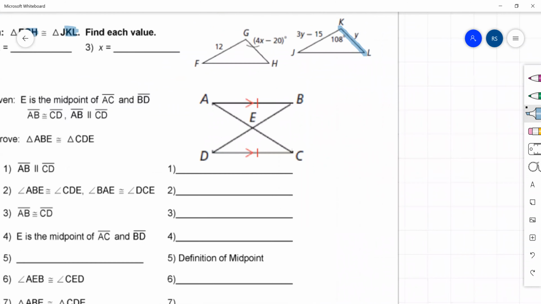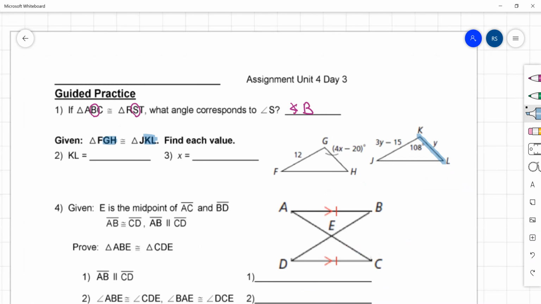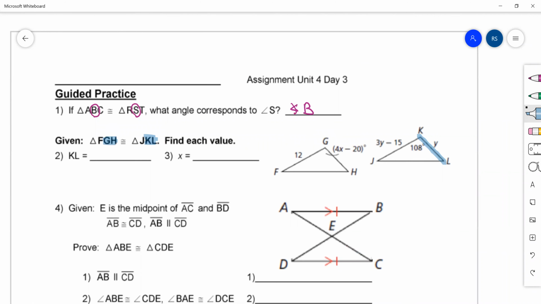Oh, come back, come back. Well, if I look though, that doesn't tell me much. I still don't know what Y is, because that 4x minus 20 goes with an angle, not a line.